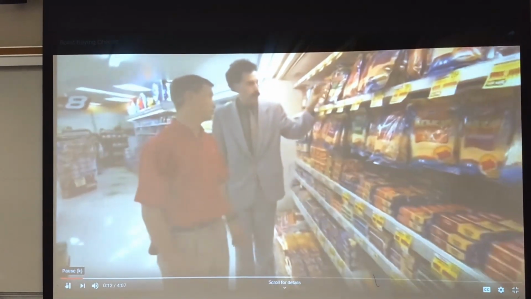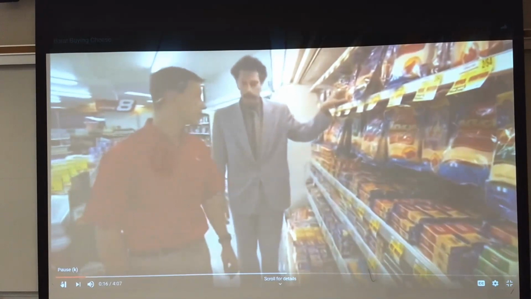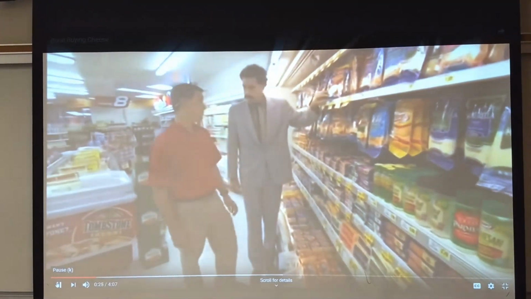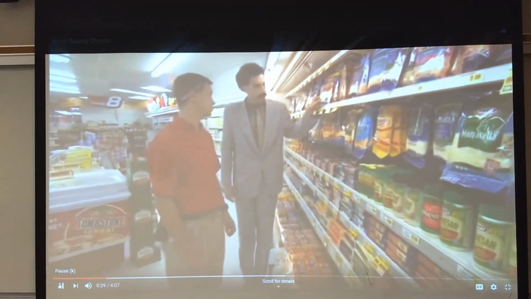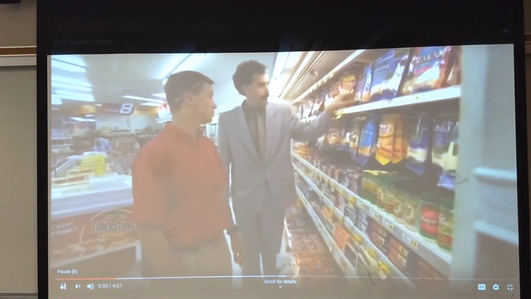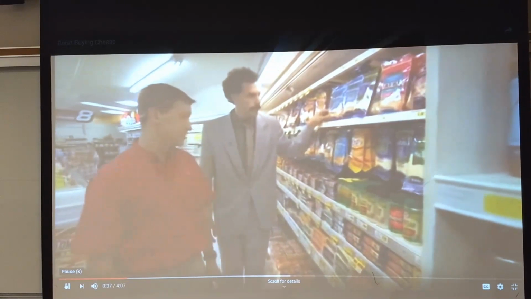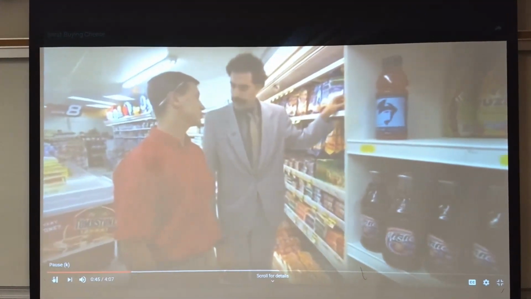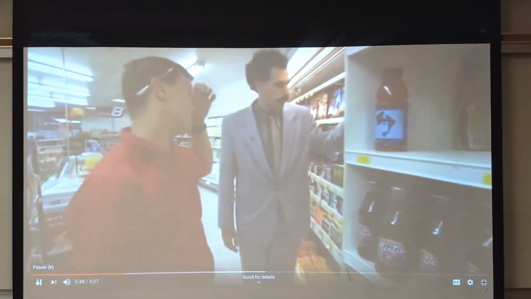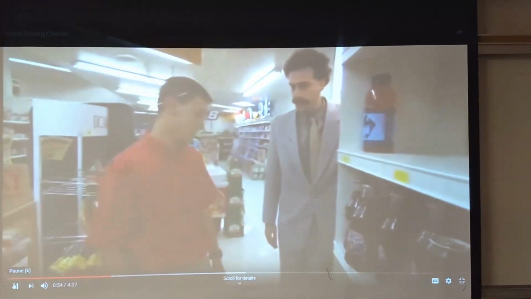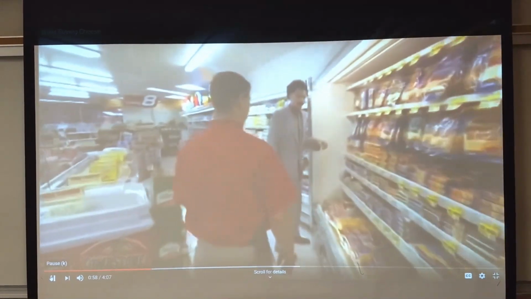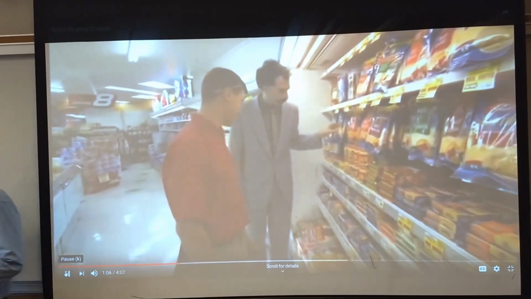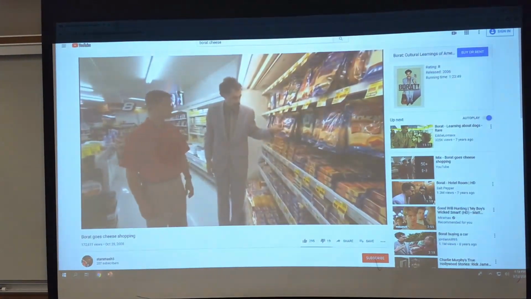Cheese also. And what is this one? That's cheese.